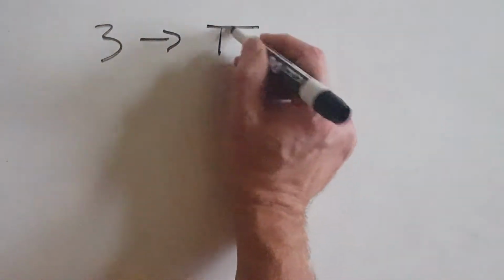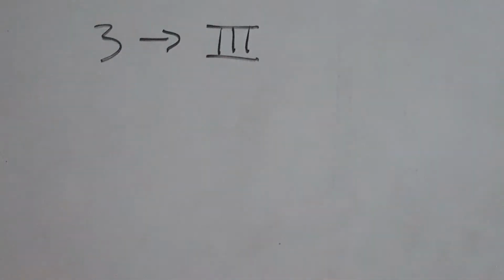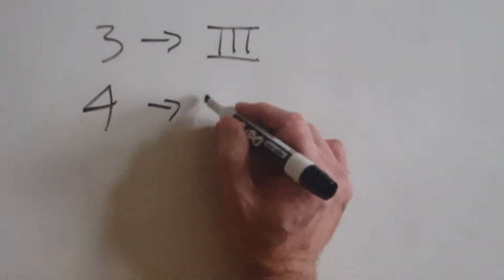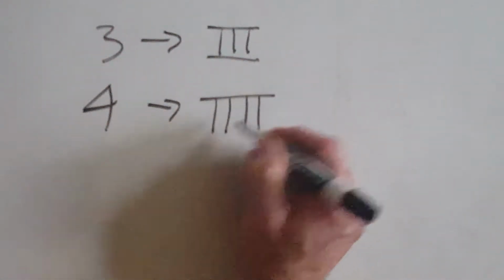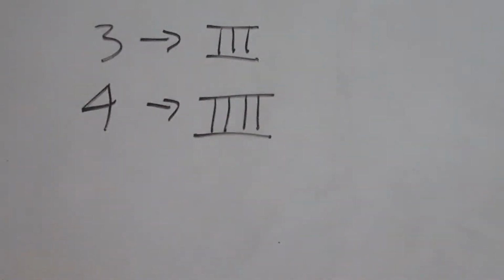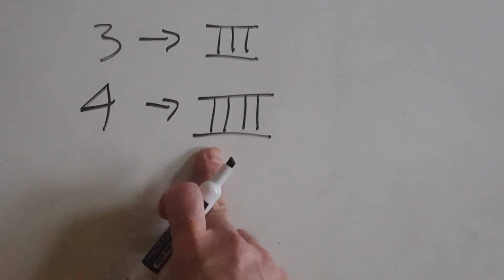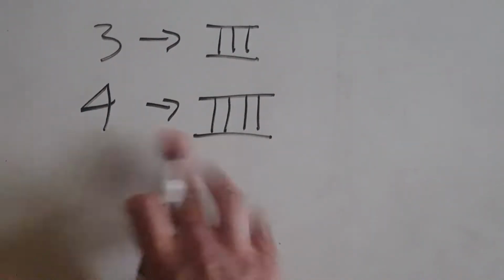So if you want to talk about 3, well, 3 is III, right? So that's 3. You would think that 4 would be IIII. And the curious thing is that if you look on a lot of clocks that have their faces denominated in Roman numerals, 4 is IIII instead of the more proper Roman numeral representation of 4.